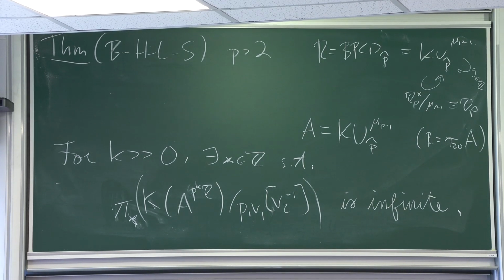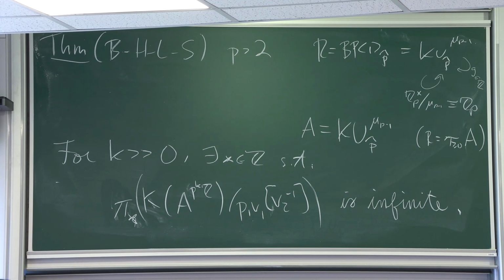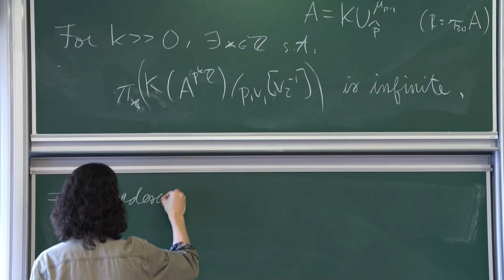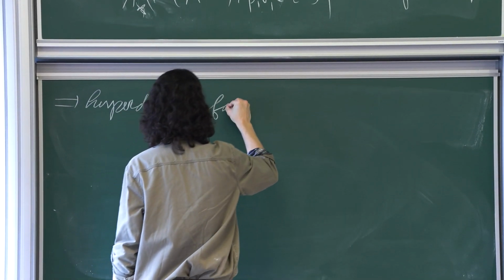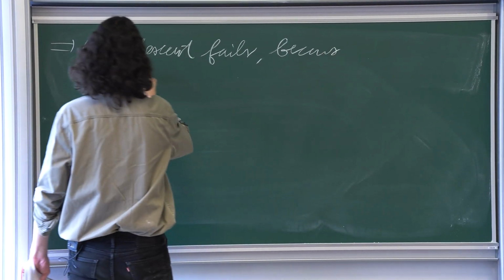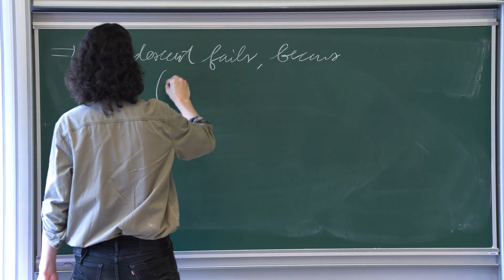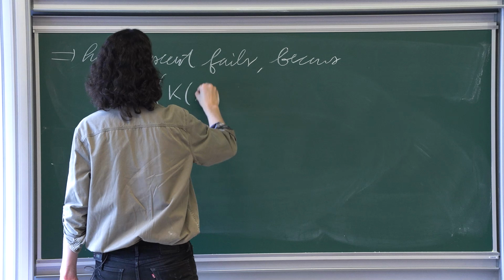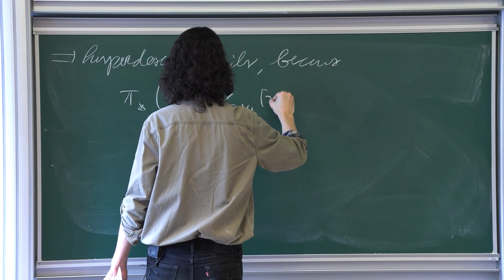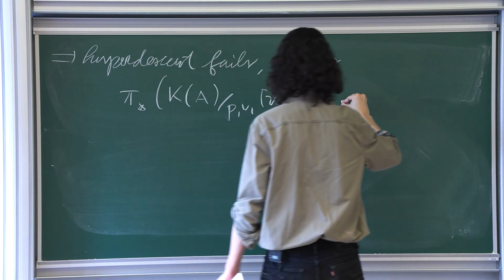So this implies that hyperdescent fails because pi star at the top of the tower, if you take just the atom summand, is degree-wise finite.